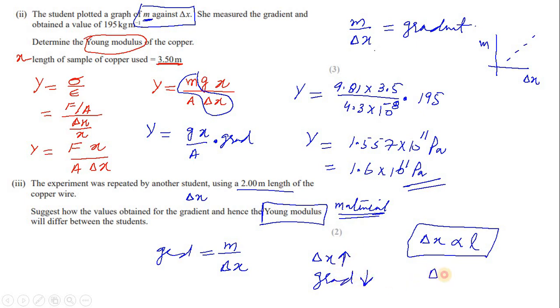If the extension is decreased, then the gradient will increase as per this relation, but the Young modulus stays the same.